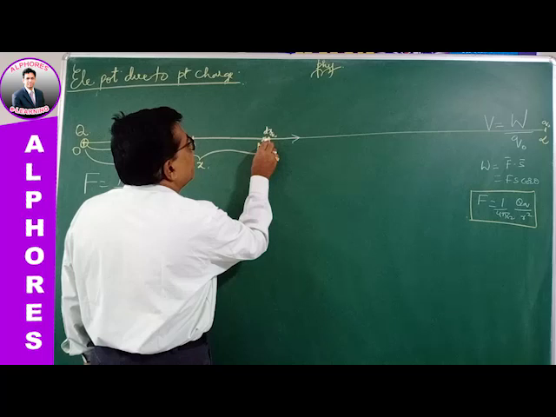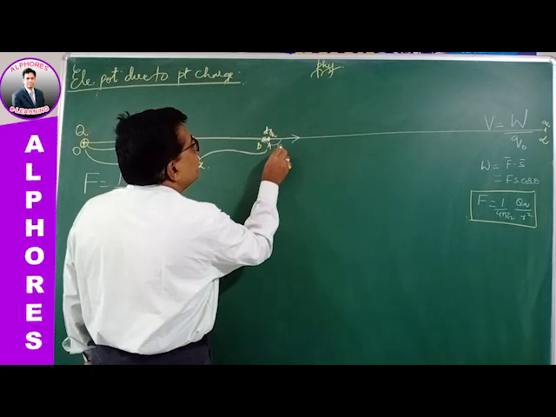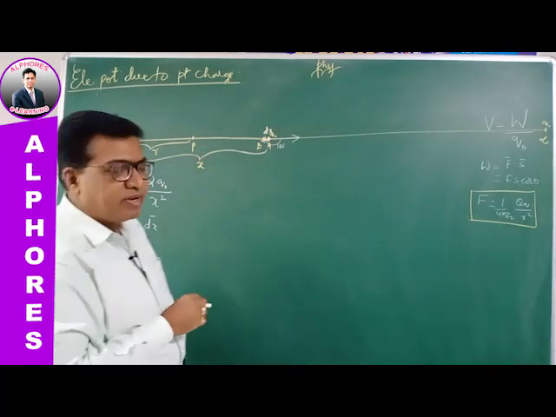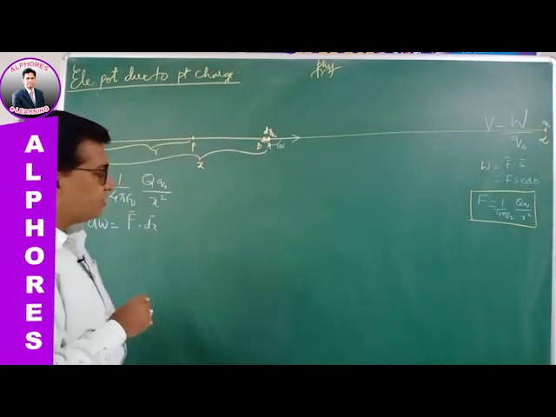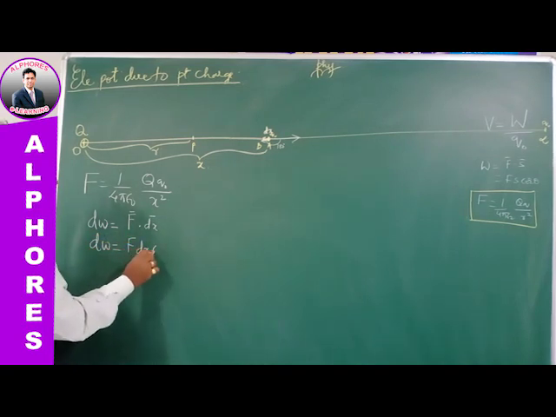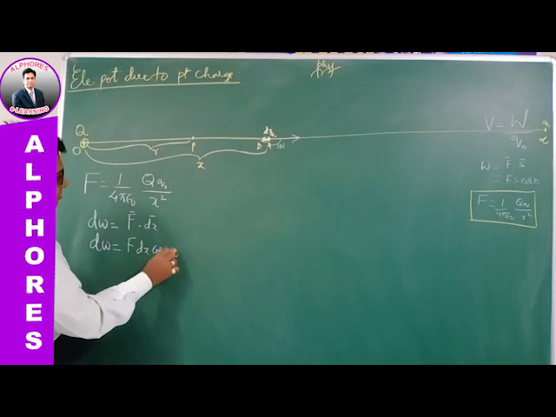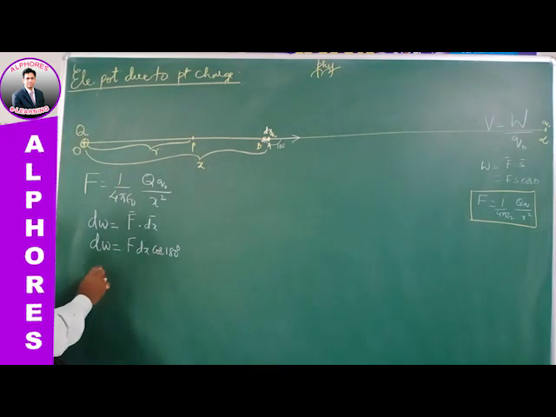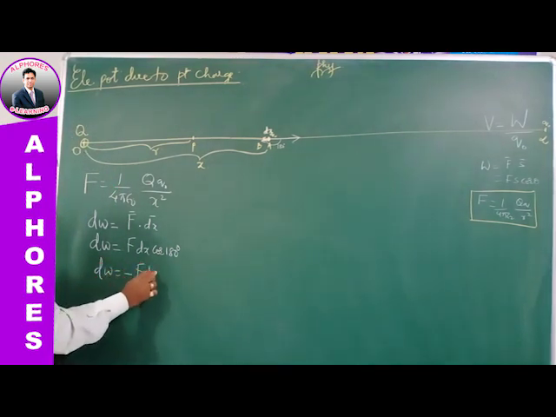These both are opposite. The angle between them is 180 degrees. So the small work done in moving this charge is F dx cos 180. According to trigonometry, cos 180 is minus 1, so the small work done is minus F dx.